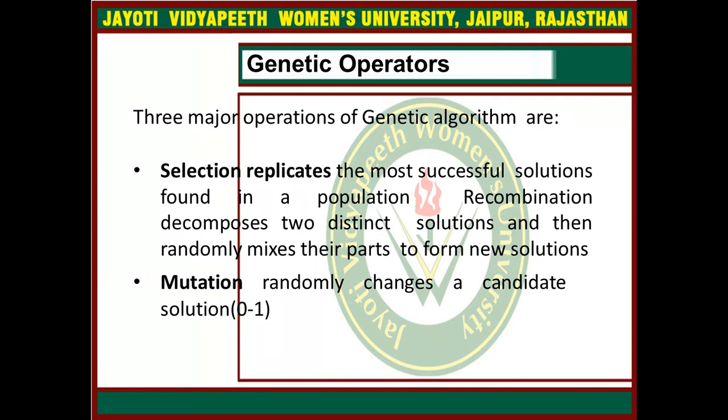Now the genetic operators. There are three major operations of genetic algorithms: selection, recombination and mutation. Selection replicates the most successful solutions found in the population. Recombination decomposes two distinct solutions and then randomly mixes their parts to form new solutions. Mutation randomly changes a candidate solution, that is 0 to 1.